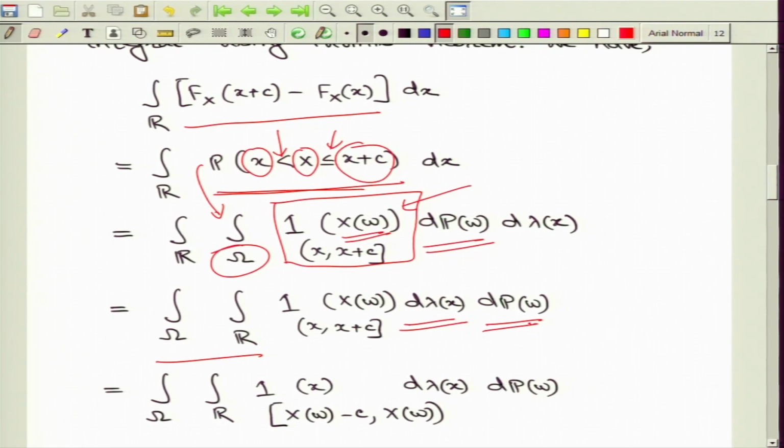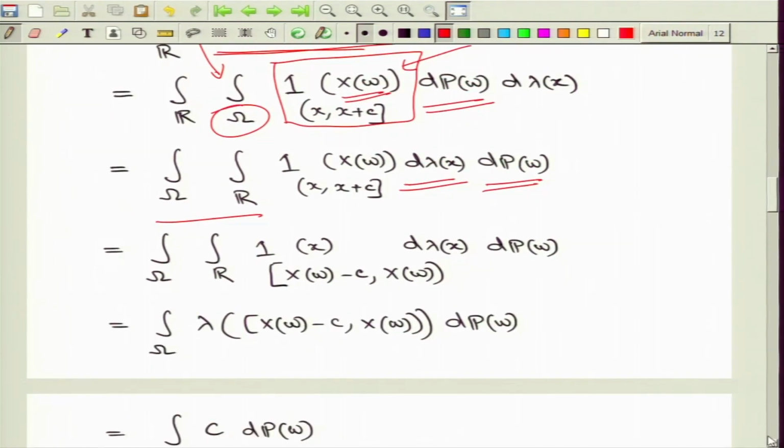Now, what happens to the Lebesgue integration? Let us see. For simplification, we write this Lebesgue integration's integrand as a function involving the variable small x. Then this indicator function can be rewritten as this: small x should be taking values in this interval, and that is the indicator that we need to look at.